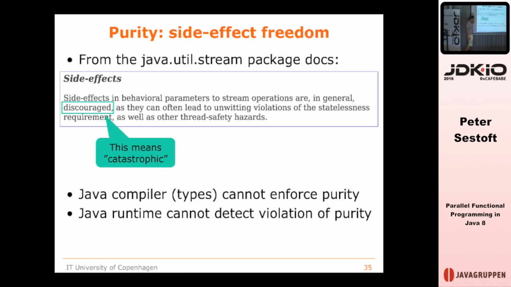The Java compiler cannot enforce purity or the absence of side effects, and the Java runtime cannot detect them because of the language design. So everything, sanity, relies on the developer's discipline here.